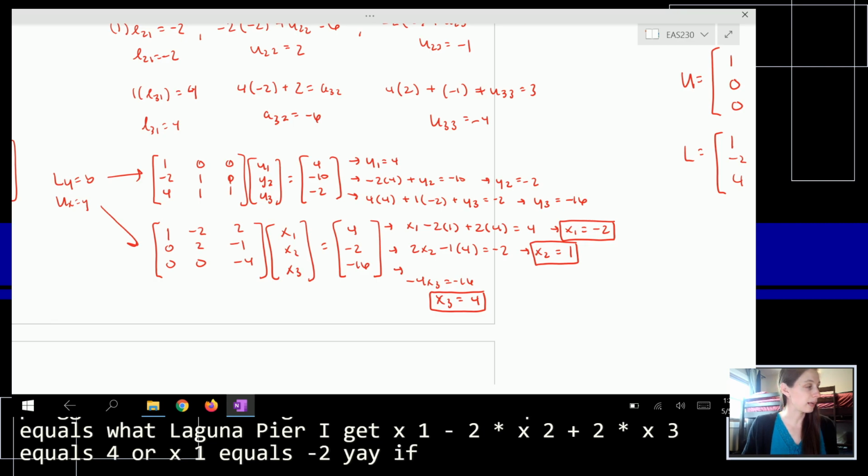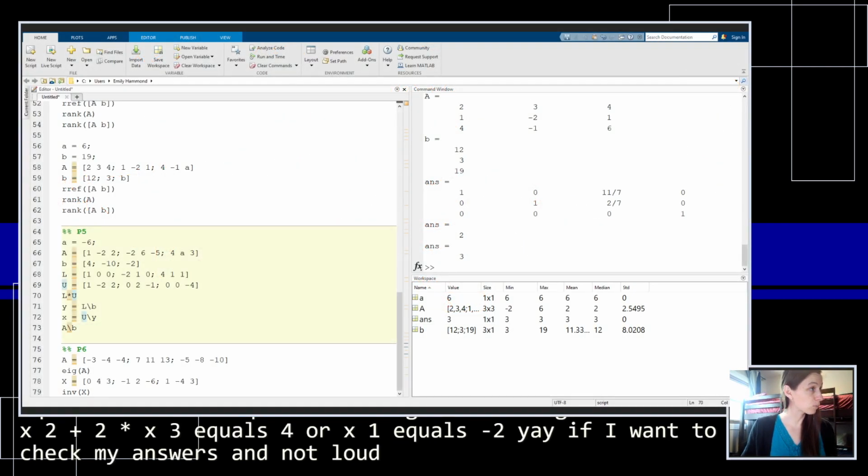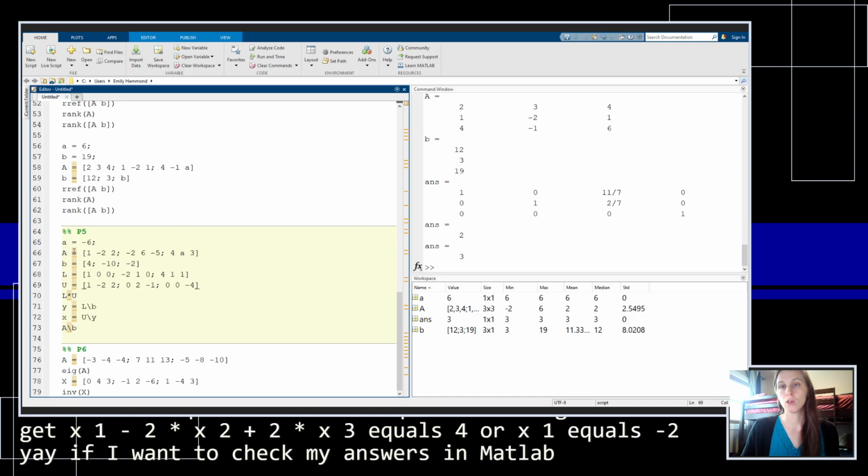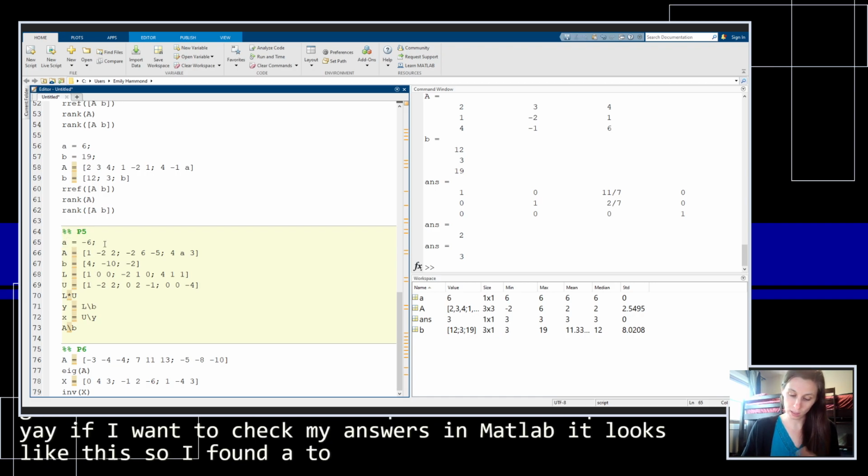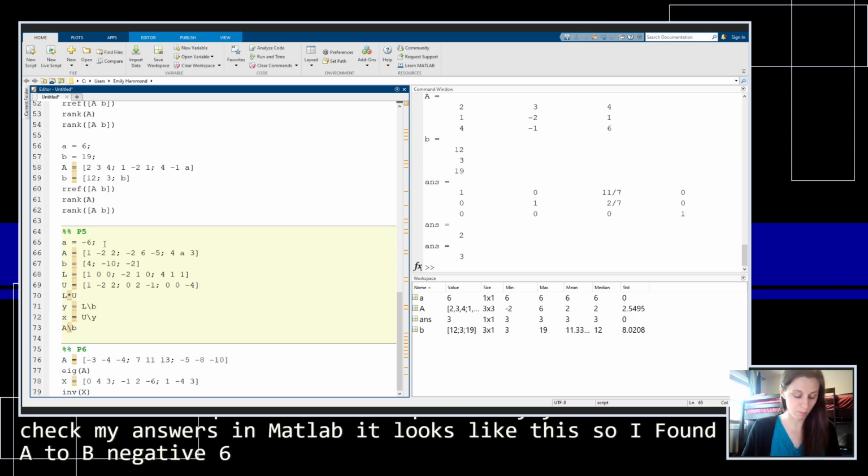If I want to check my answers in MATLAB, it would look something like this. So I found A32 to be -6. Yep, we found A32 to be -6.